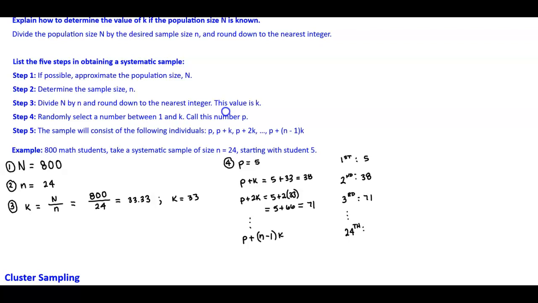Well, we know the value of p is 5, and n is 24. So again, that's 5 plus the value of n, which is 24, minus 1 times 33. So that means it's going to be 5 plus 24 minus 1, which is 23, times 33.